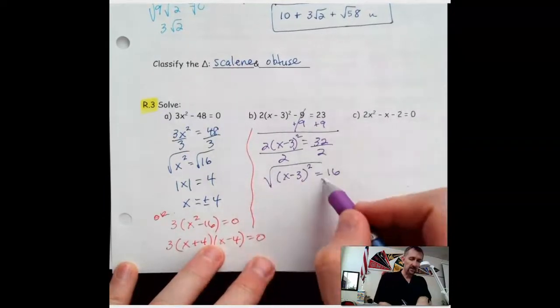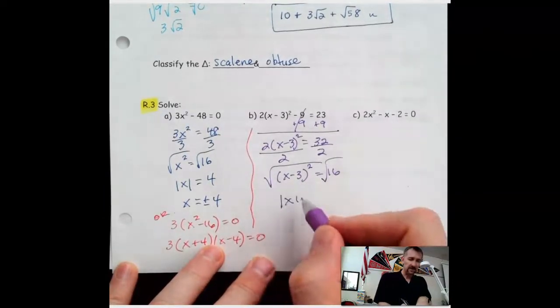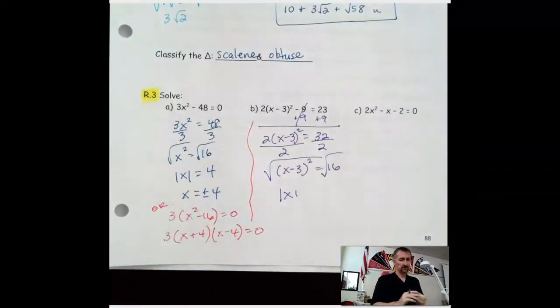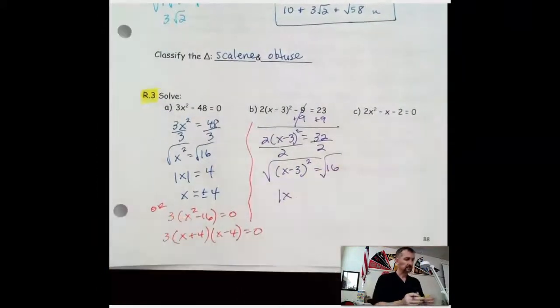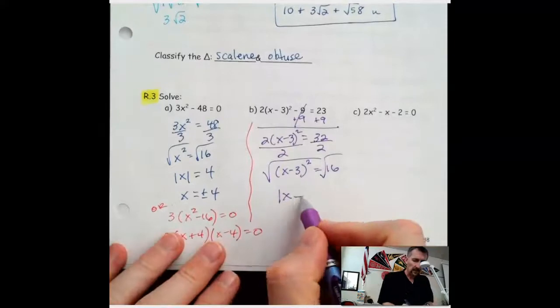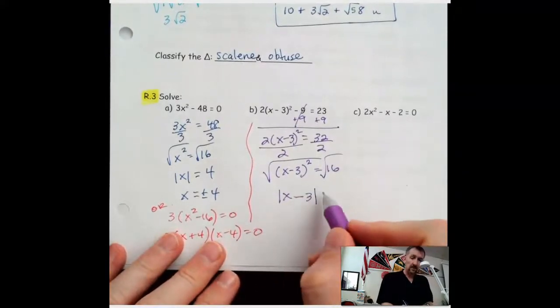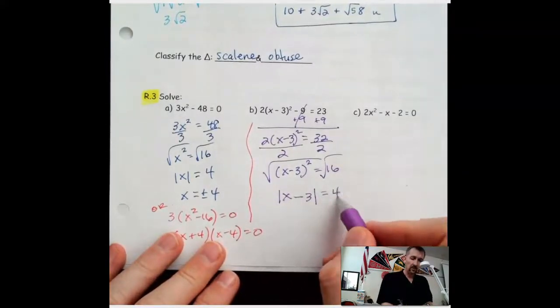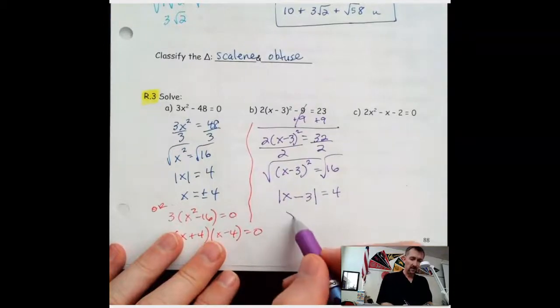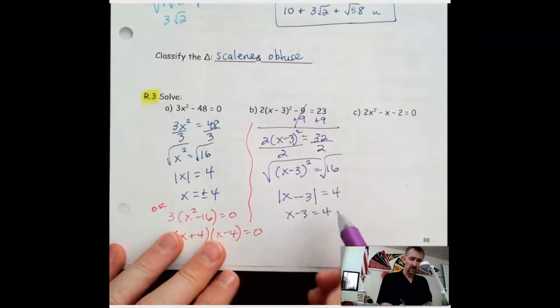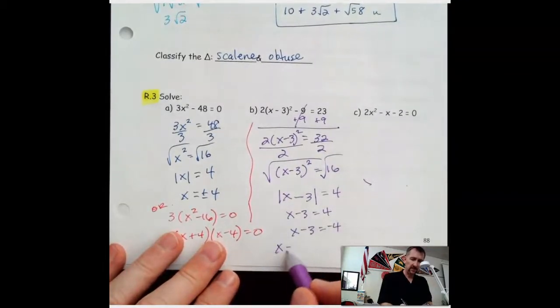Then you're going to take the square root of both sides. You're going to get the absolute value of x minus 3 equals 4. So x minus 3 equals 4, or x minus 3 equals negative 4. So x equals 7 or negative 1.